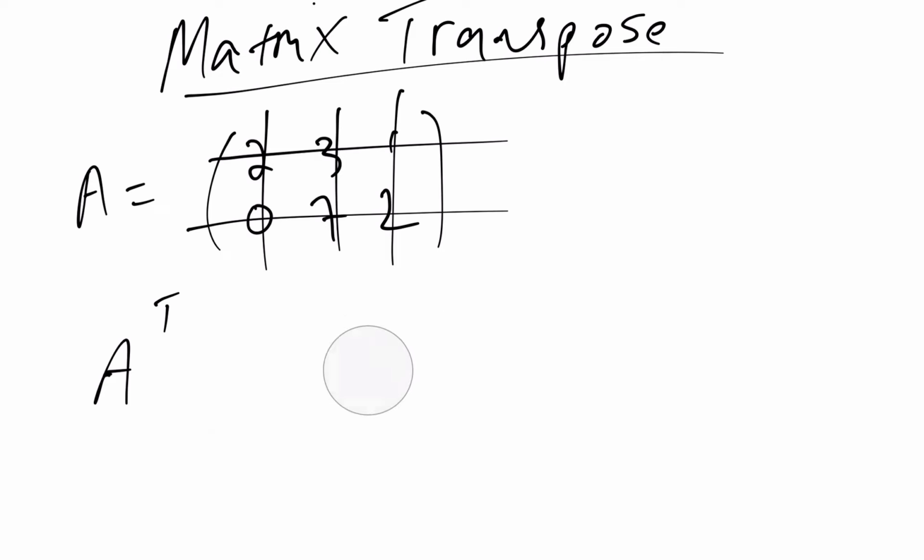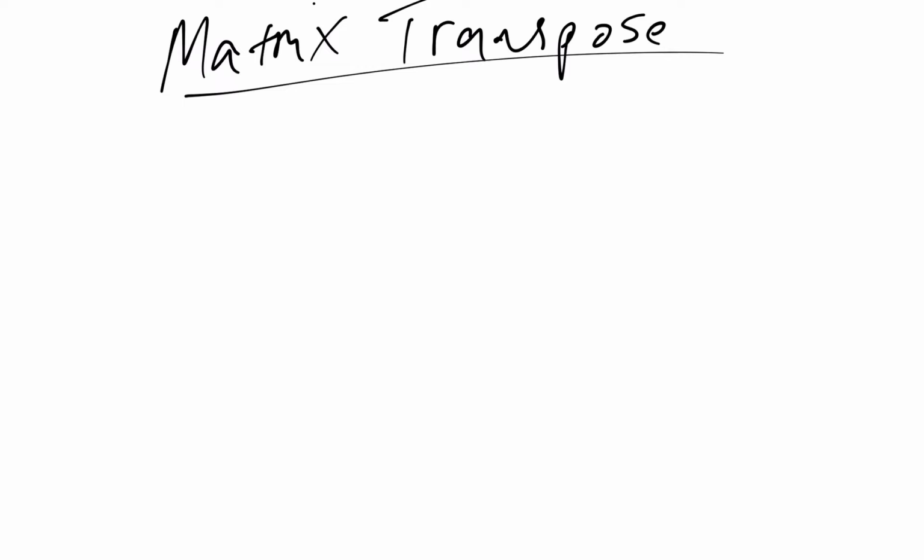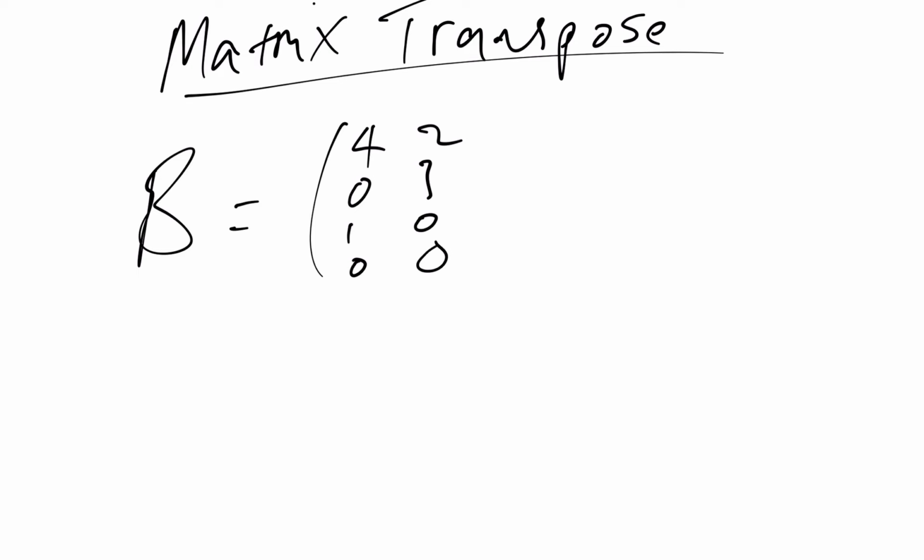Another example, this is now matrix B equal to 4 2 0 3 1 0 0 0. Then we want to find the transpose of the matrix B. Either you interchange rows into columns or columns into rows, it will give you the transpose.